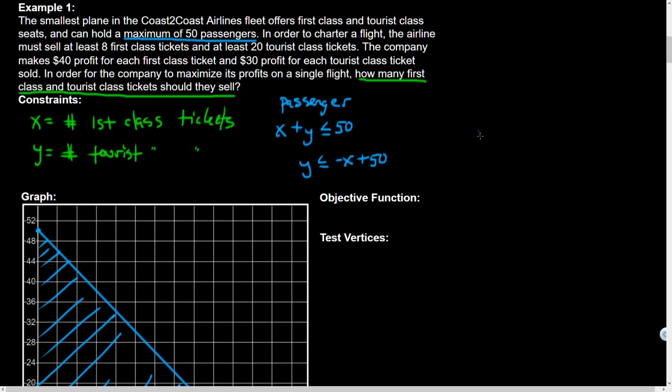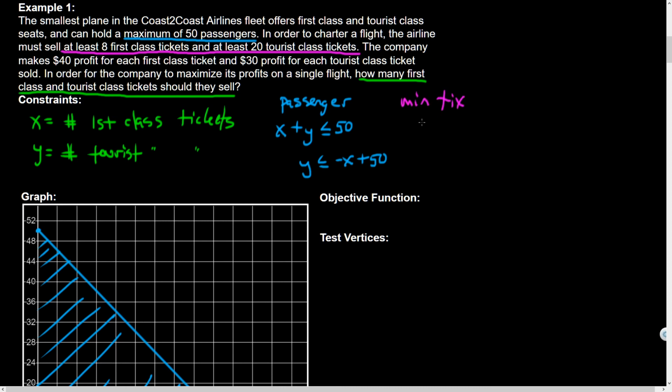Back to the problem. I usually use purple for equations, so that'll do. In order to charter a flight, the airline must sell at least 8 first-class tickets and at least 20 tourist-class tickets. So that's actually 2 separate constraints. I'll call this min ticks.